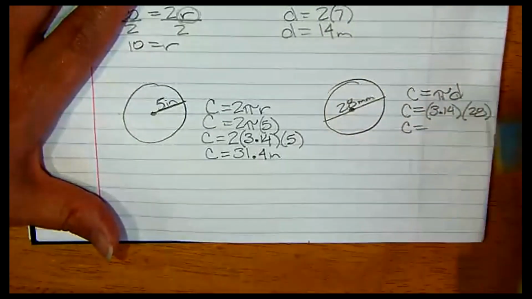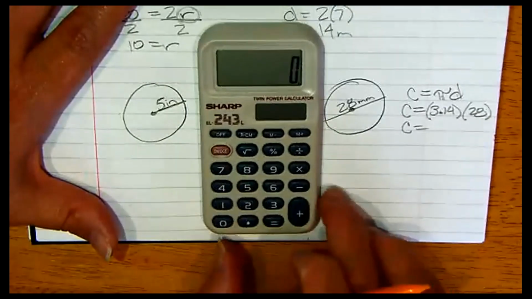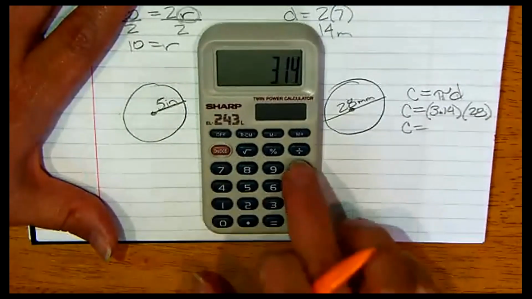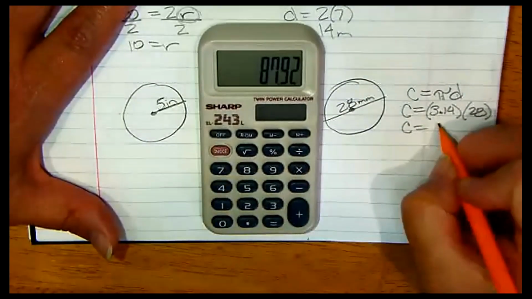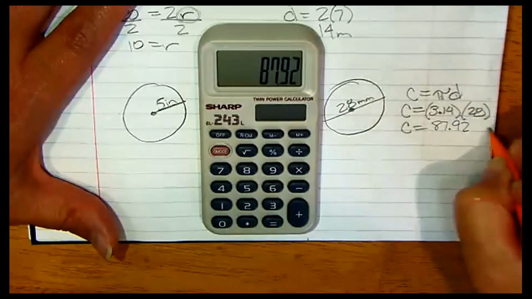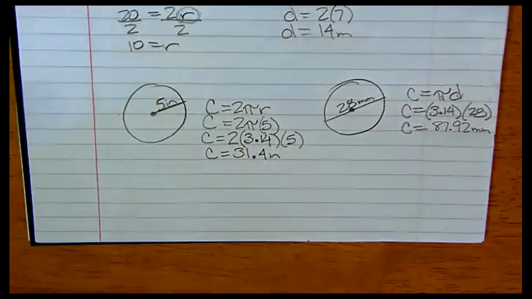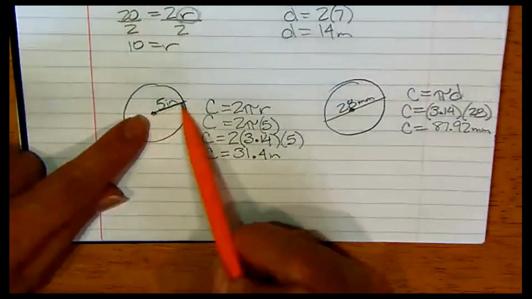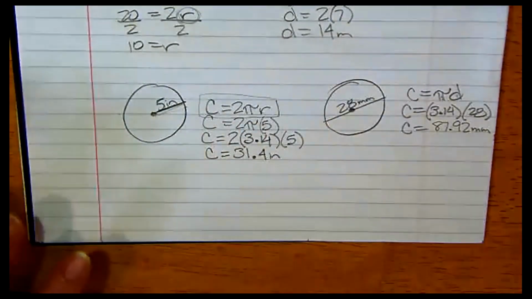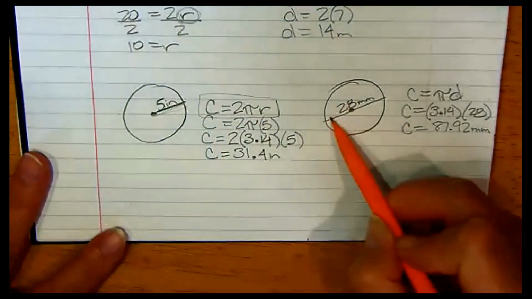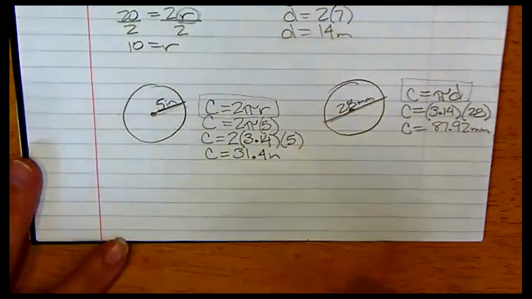So now I'm going to use a calculator and multiply that. 3.14 times 28 equals 87.92 millimeters. So really, you have to pay attention to, are they giving me the radius? In which case, this is what you're going to use. Or are they giving me the diameter? In which case, this is what you use. Okay?